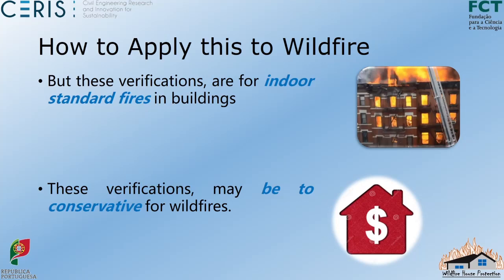Remember, these verifications are for indoor standard fires in buildings. They are very conservative, of course, and they might not be the most economic to apply to wildfires. We are doing research on this, and we will soon have new constructive guidelines applied only to wildfires. But at the moment, these fireproof construction guidelines we are presenting here will save lives, although they're more expensive.